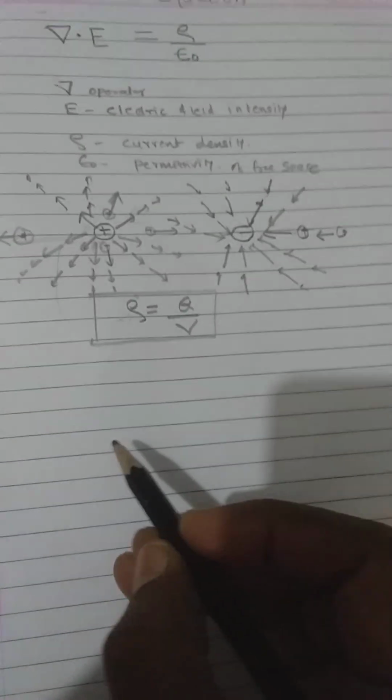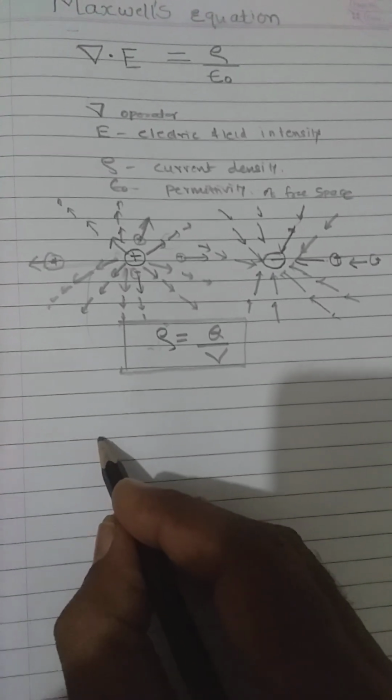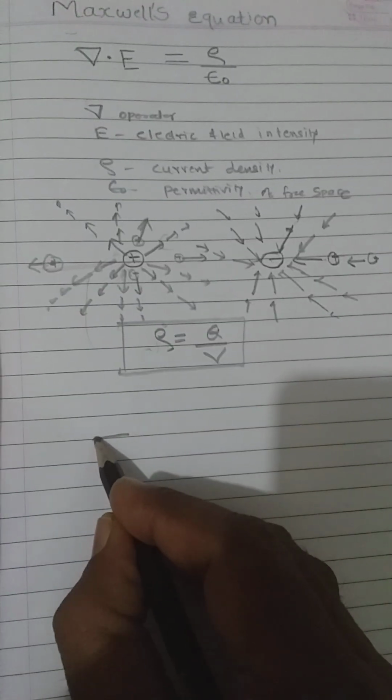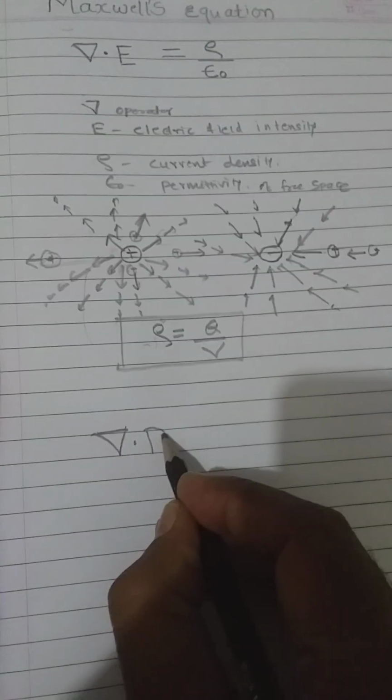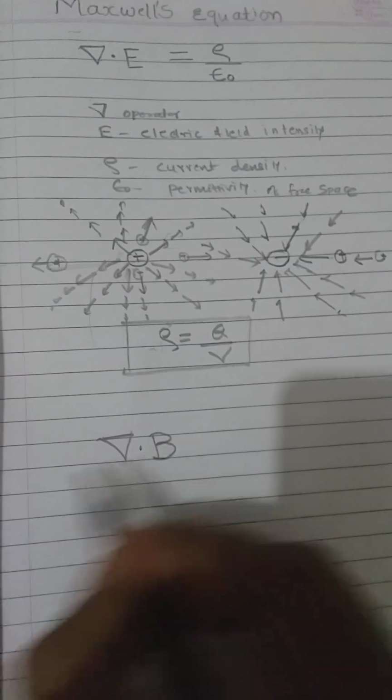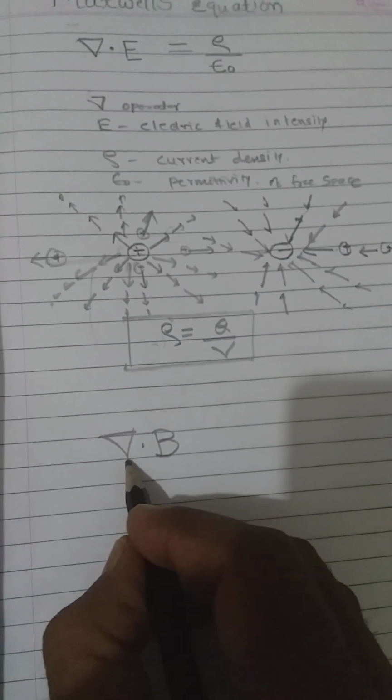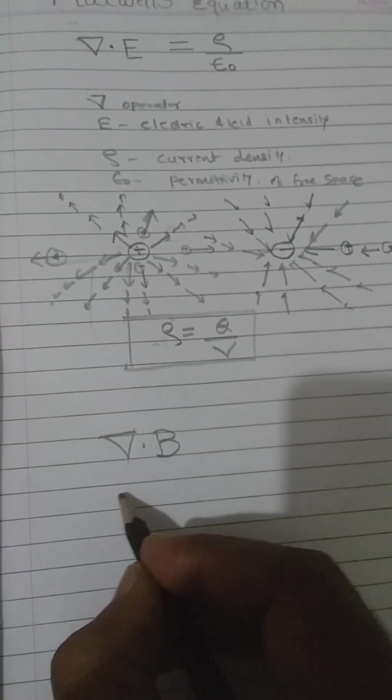Second is divergence of B. So here we have the del operator, and here it is the magnetic flux density.